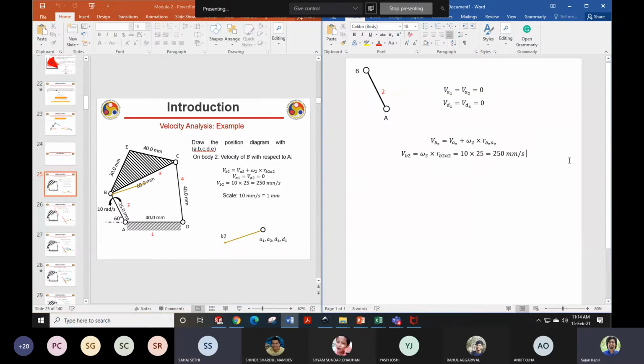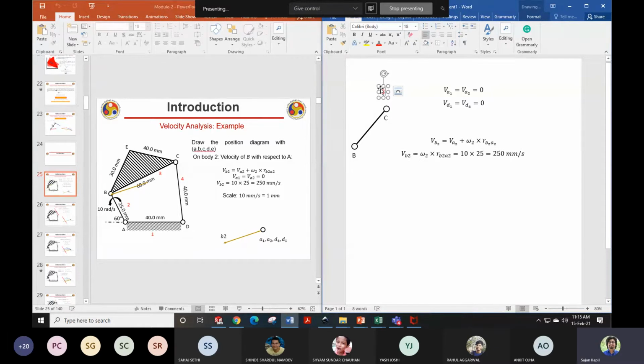Okay, done. B2 is done. Now we are interested in the velocity of C. If this is C and this is B, and I know it is something like this, I'll draw it close to what it looks like. Now this is body number 3.